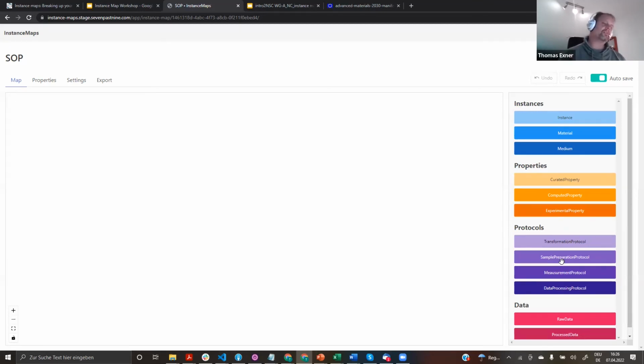But it can also move into a scientific meeting where we really look at SOPs and take these examples and have some kind of community-driven SOP development, and then in principle everyone who has access to the instance maps can comment on that. So you start with some kind of commenting tool in these SOP developments.